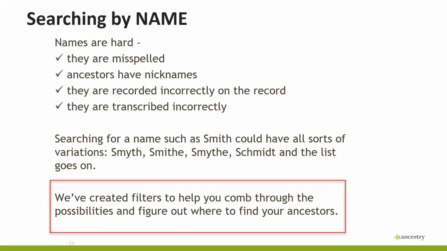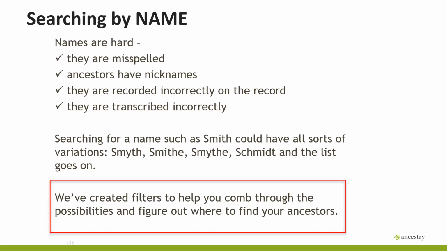And so for all of these reasons, searching by name is a bit problematic, but there are ways that Ancestry deals with it, and I'm going to give you some hints here. So if you have the name Smith in your family, it could have been variations on that name. It could have been Smythe, Smith with an E, Schmidt, and the list goes on.